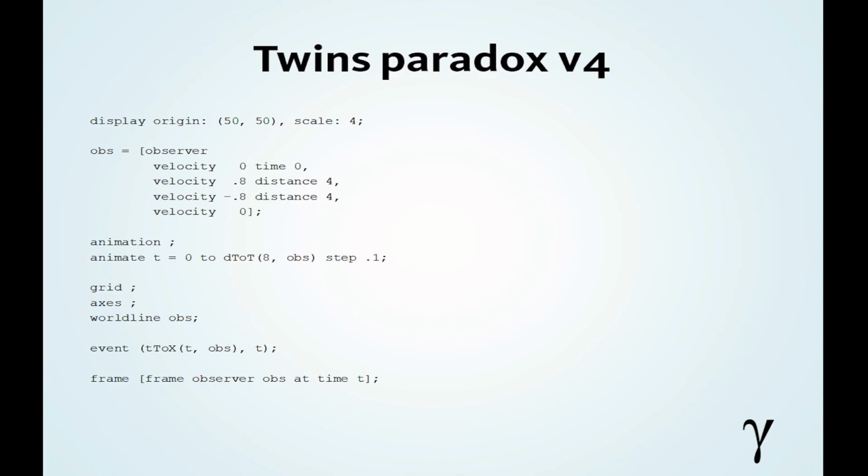The frame says take the problem that's been specified in the script here, which is all relative to the rest frame, and draw it relative to whatever frame is given in the frame command. In this case, the frame is whatever the observer's frame is at time t. So it will change as we move through t for the observer. So let's see what that looks like.